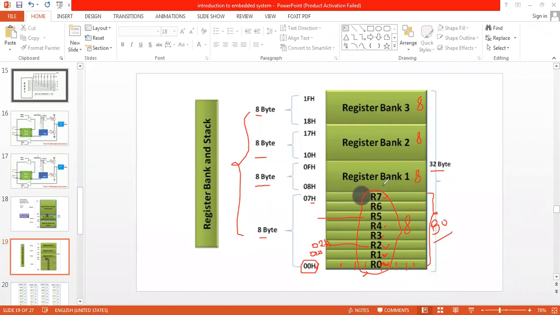Okay. So again, let me know what is the address of R5 in bank 1. Shall I repeat? What is the address of the R5 register in bank 1? Who will answer for it? You will get one Cadbury chocolate.